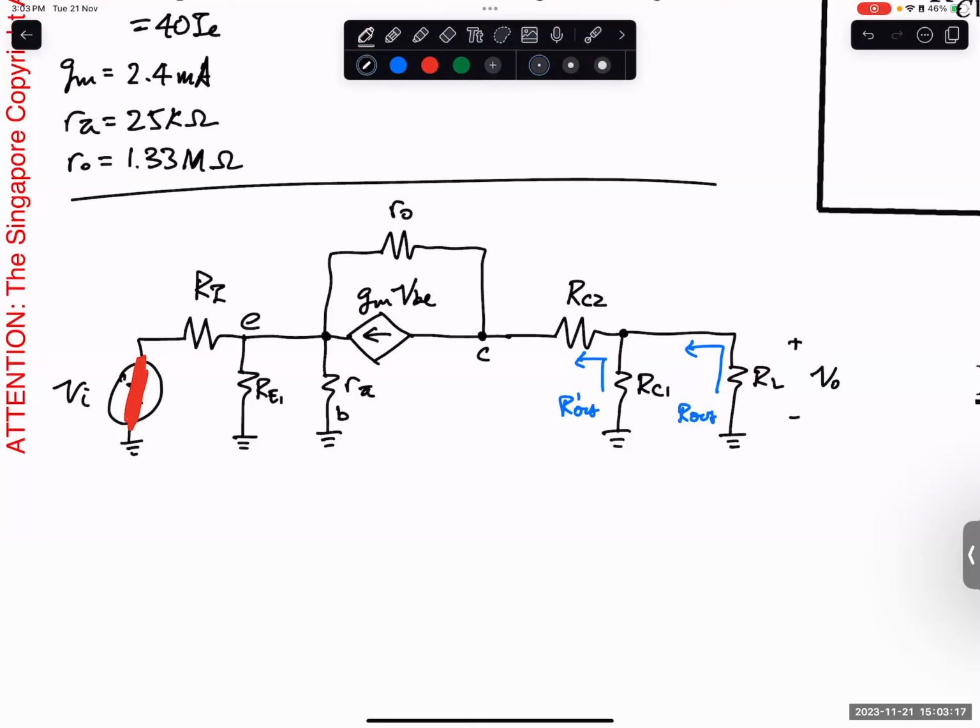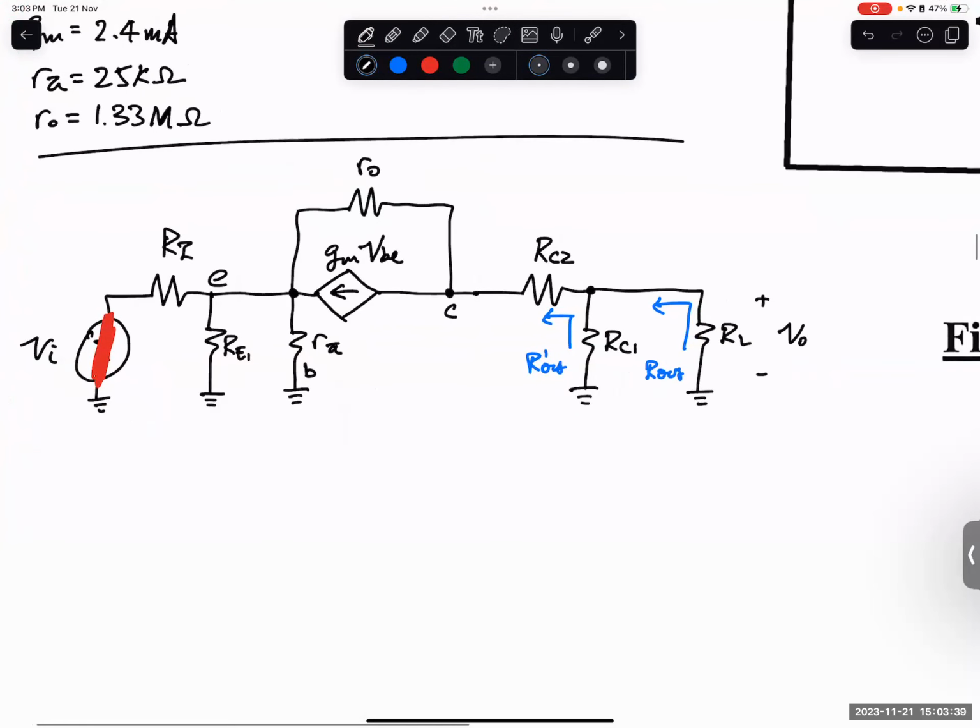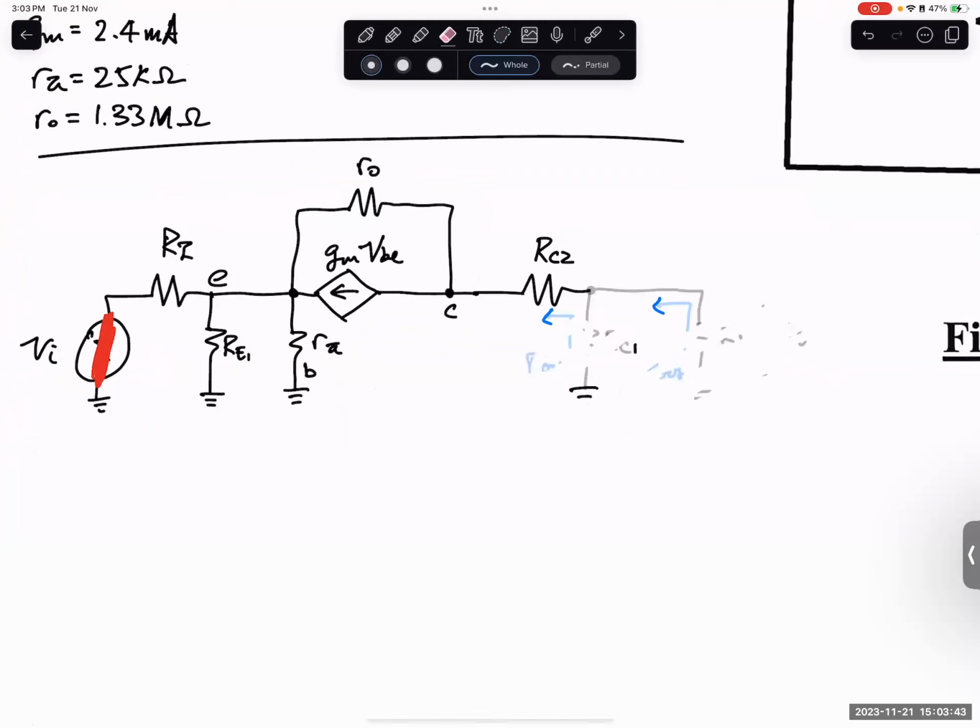Okay, so now how to calculate R out? We don't have any clue. This is the part I don't understand. Oh, okay, I know already. Very easy. Okay, so now what we have is we do a test.